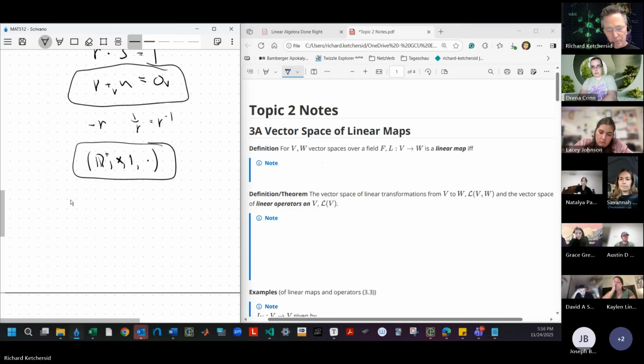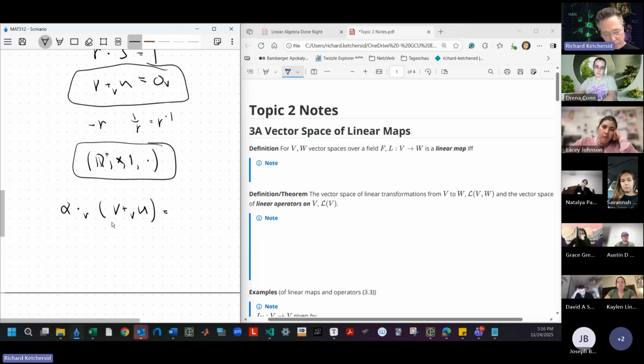Distributivity. So that would look like alpha. In our usual setting, it would be alpha, the scalar multiplication of v, and then I've got two vectors, v plus u. I'm doing this because we have this strange sort of addition and multiplication here.